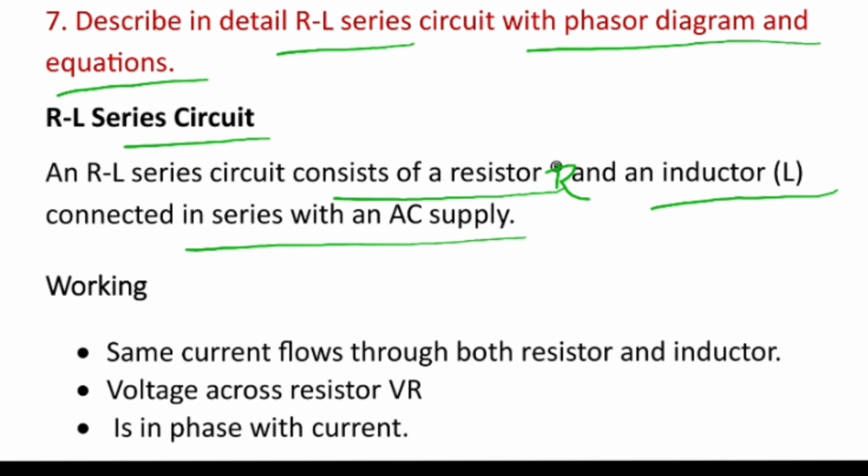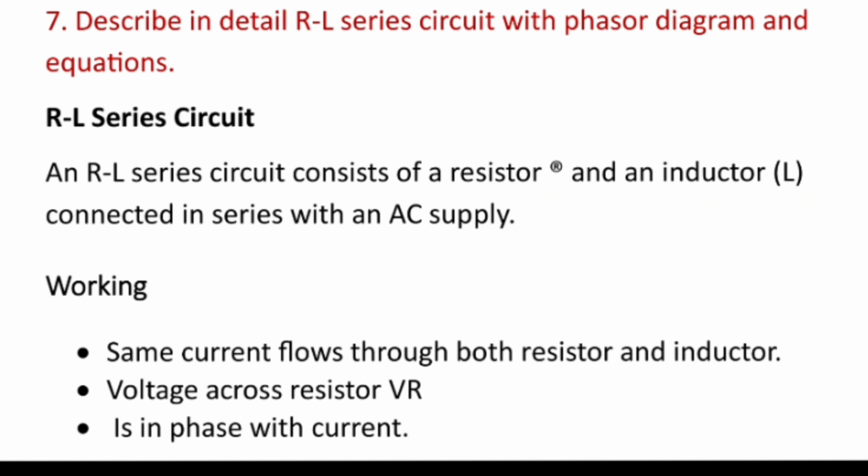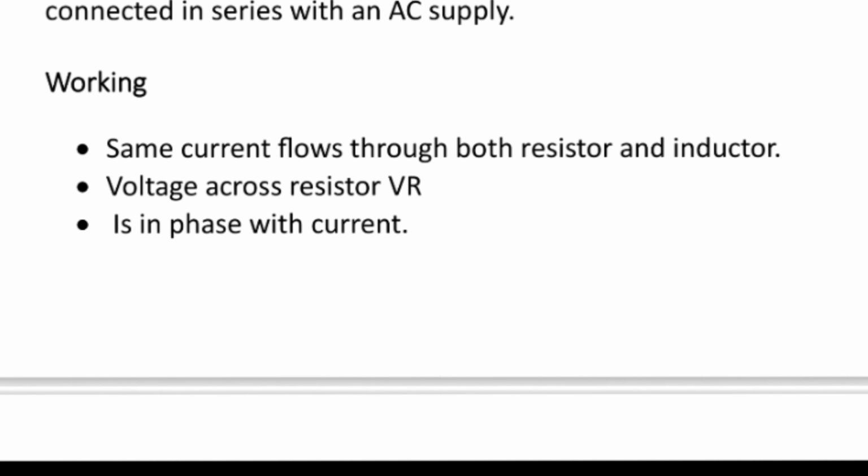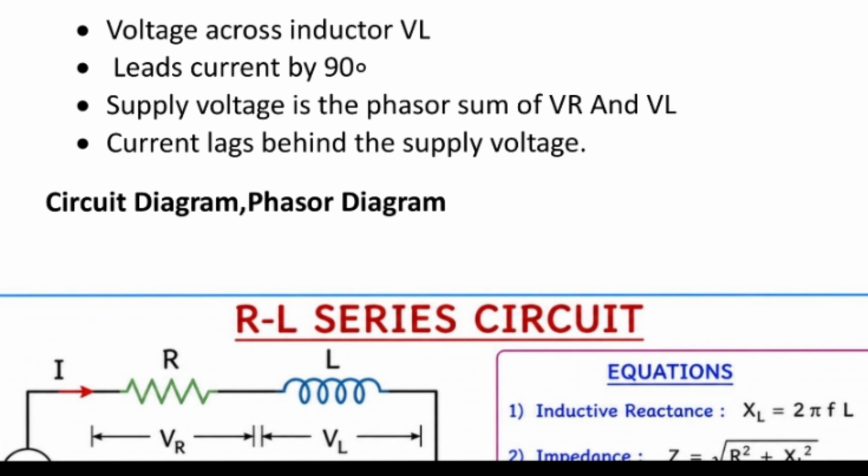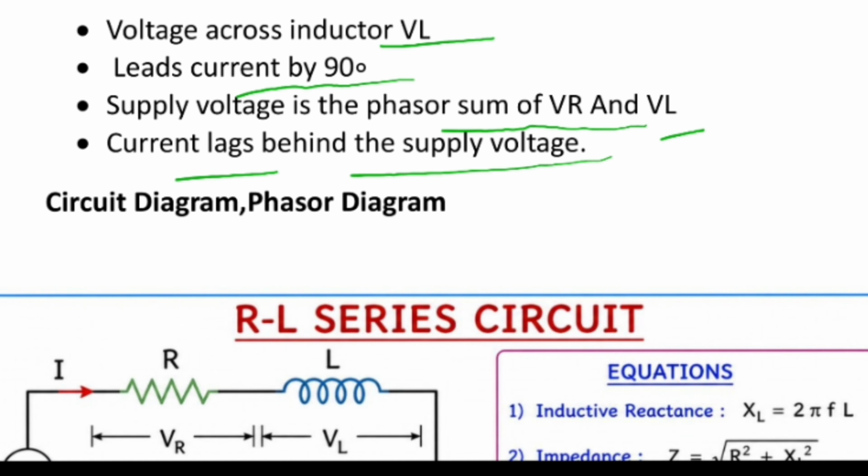Coming to the working principle, the same current flows through the resistor and inductor. The voltage across the resistor, VR, is in phase with the current, and the voltage across the inductor, VL, leads the current by 90 degrees. Supply voltage is the phasor sum of VL and VR. Current lags behind the supply voltage.